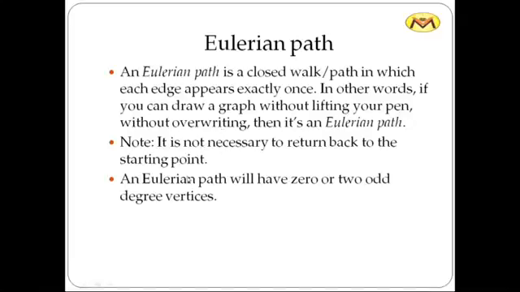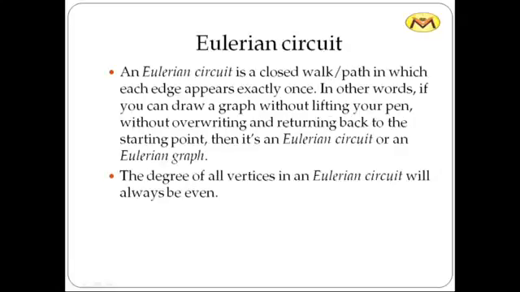So for this, we can see that in an Eulerian path, we will have either 0 or 2 odd degree vertices. So the number of odd degree vertices, that is, if the degree of a vertex is 1, 3, 5, 7, any odd number, such vertices will be either 0 or 2.